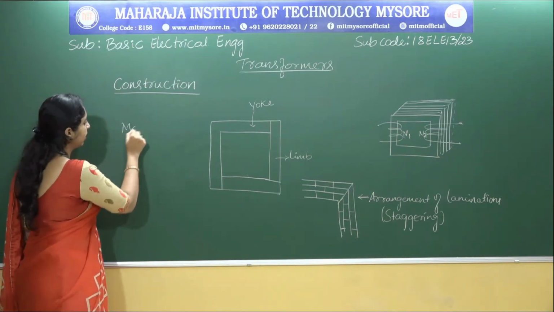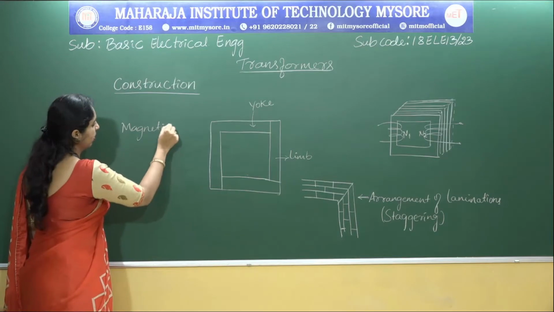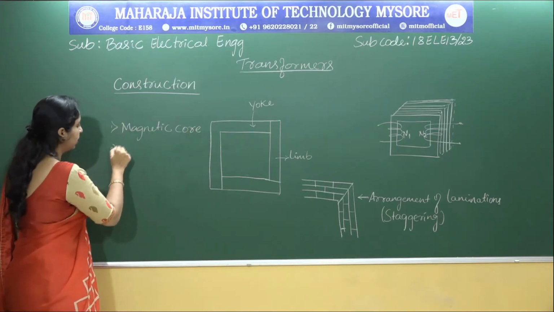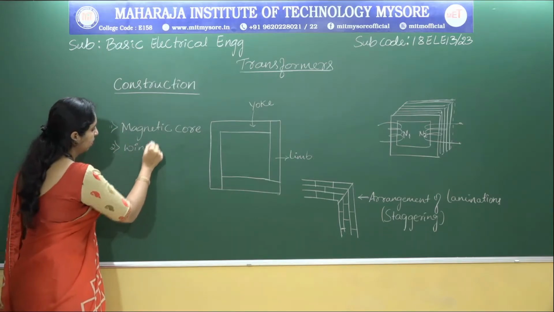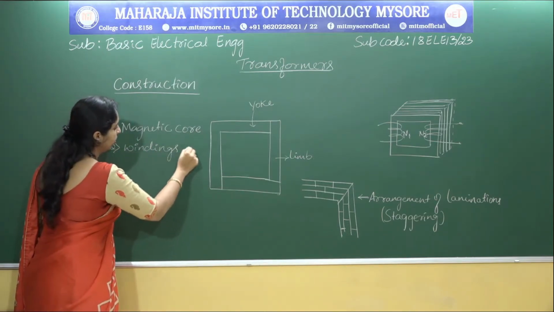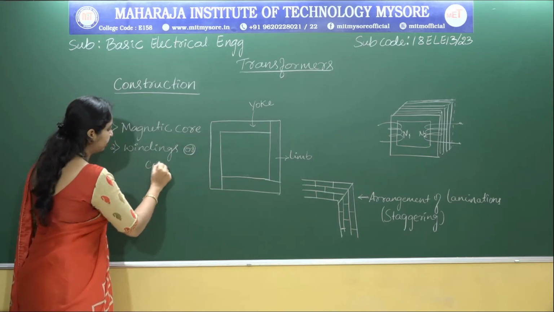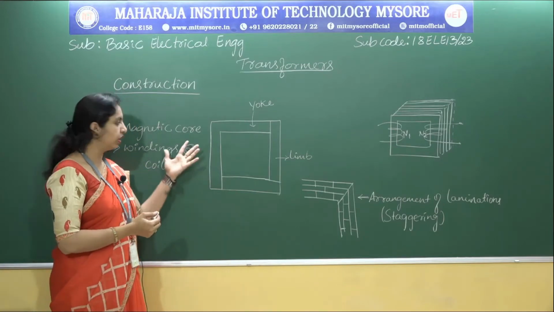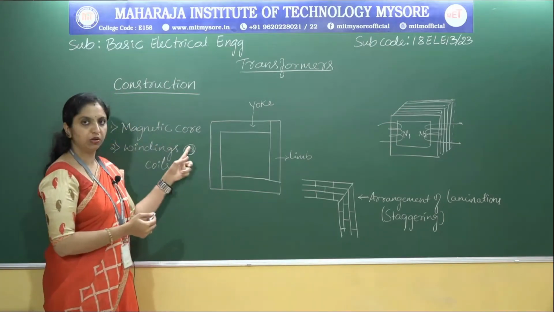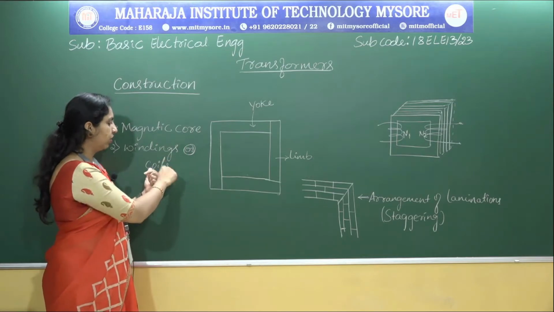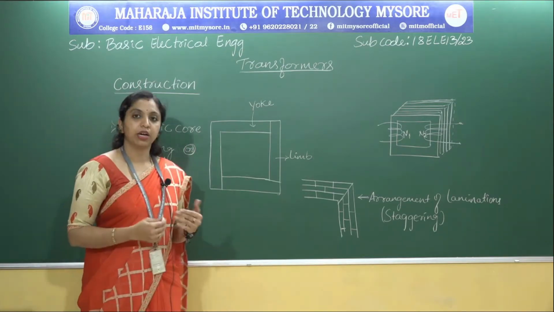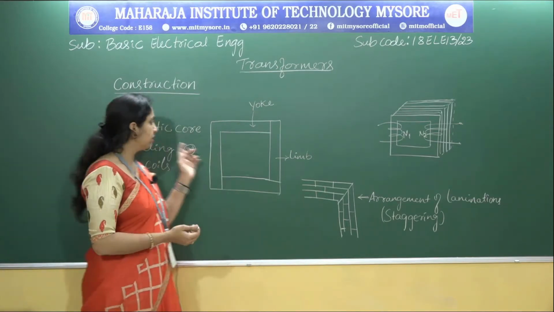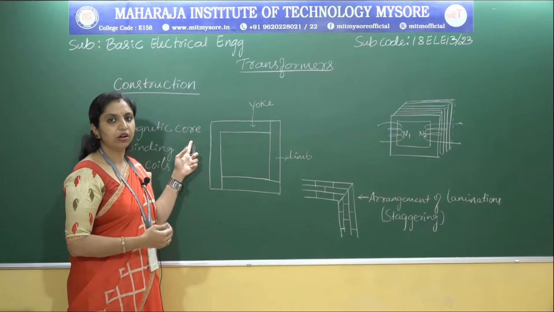One is the magnetic core, and another one is the windings, which we also call coils. The magnetic core is either rectangular or square in shape. Remember, the magnetic core is either square or rectangular in shape.